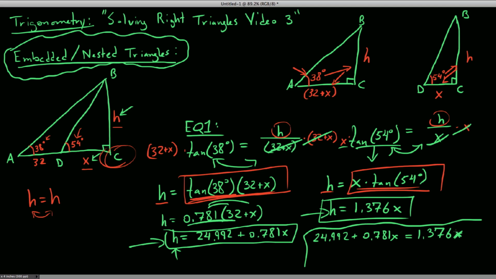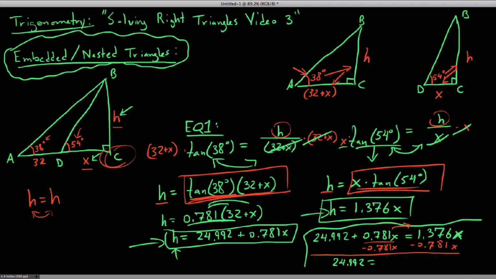Now, since our intent is to get x by itself, I know there are lots of decimals floating around, but here's what we'll do. We'll get all the x's on one side. It's simpler to just kick this one over to this side, so we'll subtract 0.781x from both sides. I'll be explicit on this step.